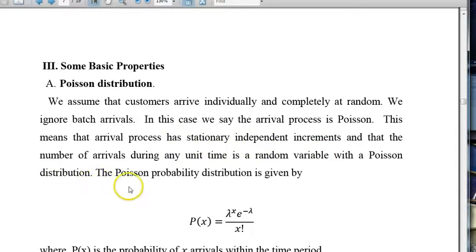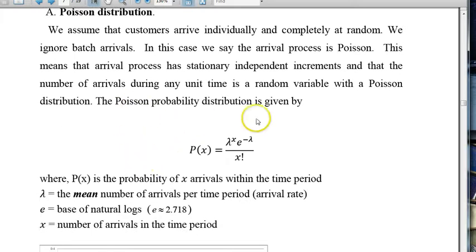But the important property is that the number of arrivals during any unit of time is a random variable with a Poisson distribution, which is given by this formula, which you have seen before in your probability class. If you haven't, you need to go back and remind yourself of this formula.